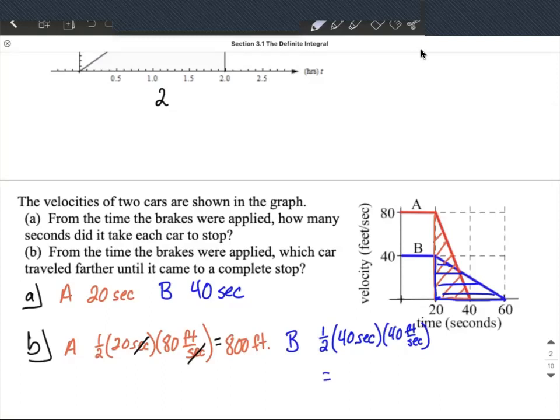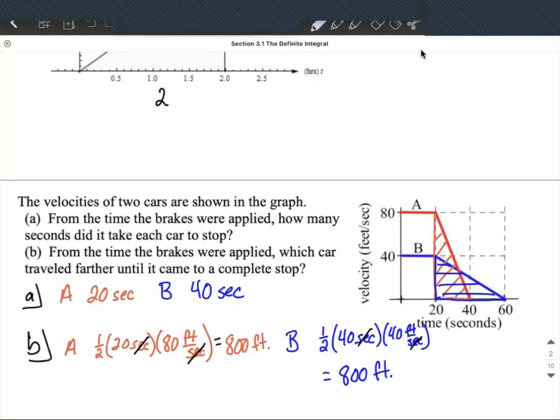With a little bit of reducing, the seconds cancel out. 1/2 times 40 times 40 also works out to 800 feet. So both these triangles have the exact same area, and they cover the exact same distance to get stopped for each of these cars, both A and B.